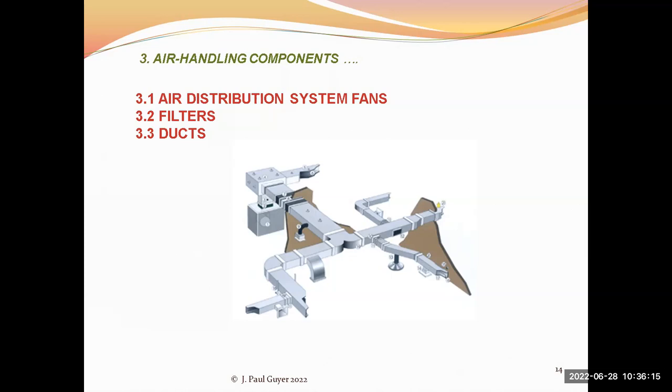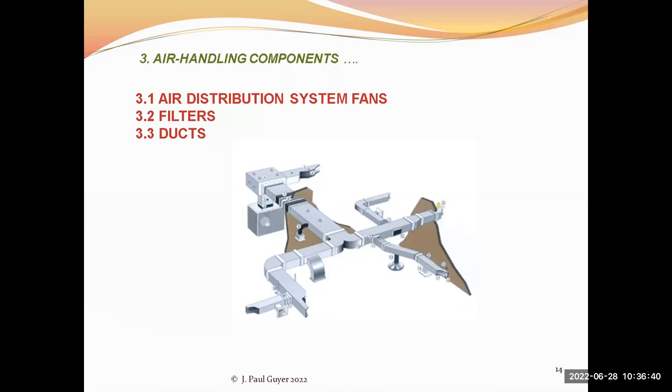Then there are the air filters on the system. These are for air quality, and they may be located at the discharge point of the air in the ducts from the fan.